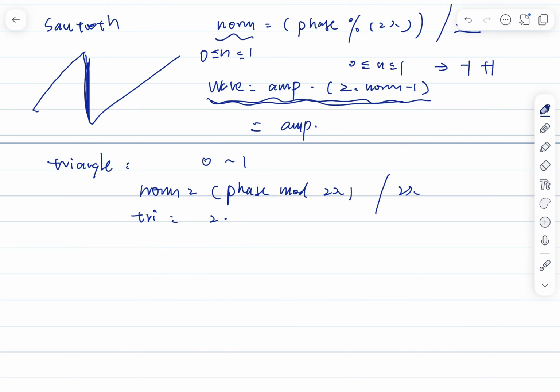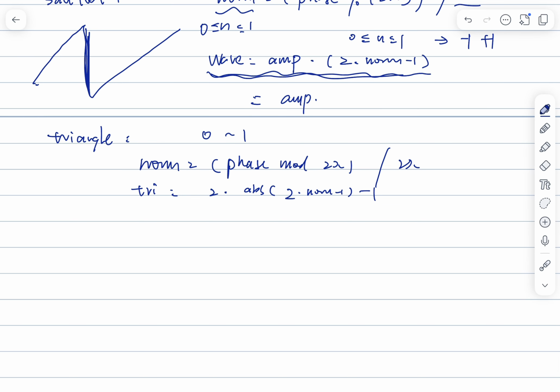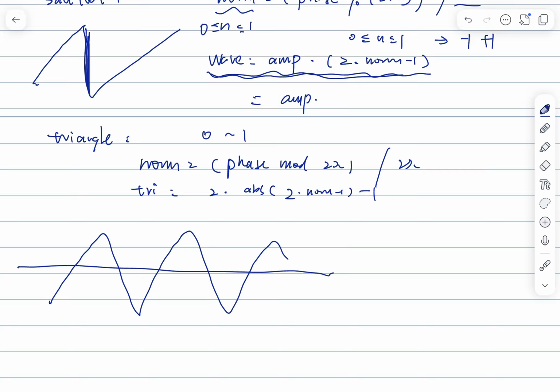Here it's going to be the same, except it's the absolute value of 2 times norm minus 1. What this does is that instead of going -1, 1, -1, it folds all of the negative parts up.